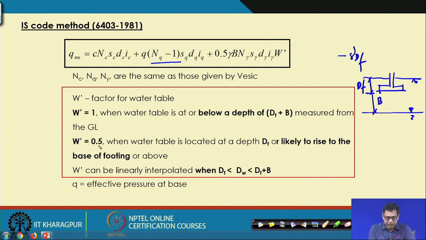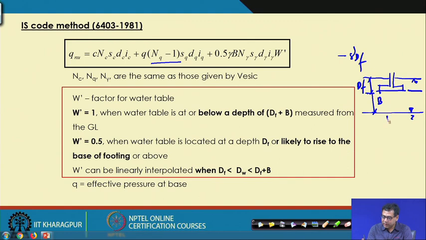The W dash value is 1 when the water table is at Df plus B or below. If your water table is within Df, above the base of the footing, then the W dash value is 0.5.